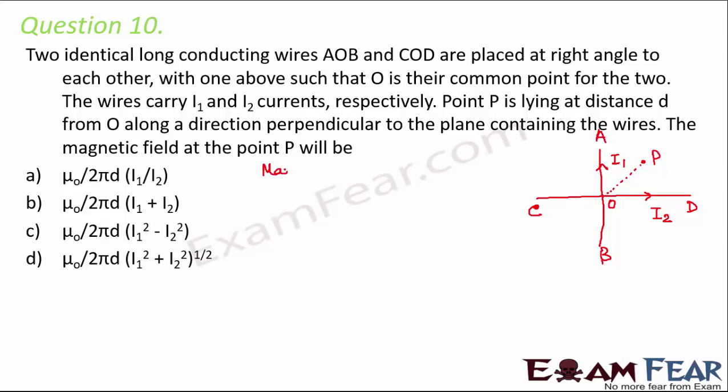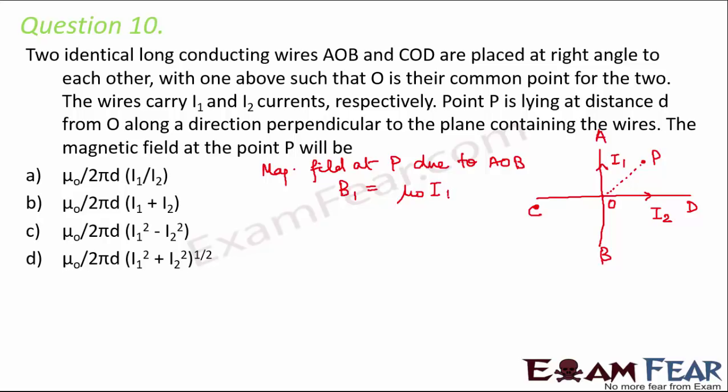So the magnetic field at point P due to AOB, that means due to current I1, is denoted by B1, which will be equal to, so for this point P, this is just a point which is at a distance D from a straight current carrying conductor AOB. So in that case, how do we calculate this?